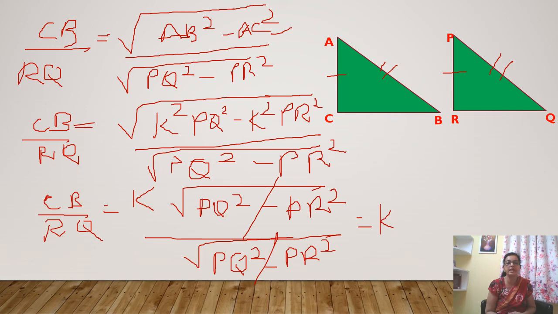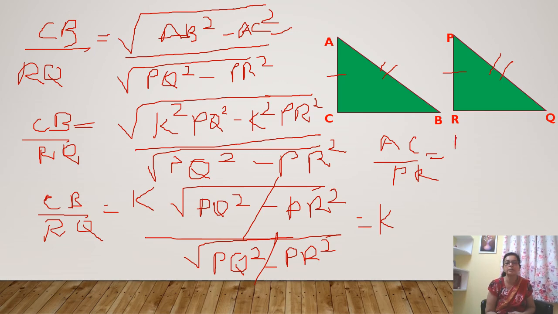We already were having AC upon PR equal to these two sides. You can see single strokes over here.